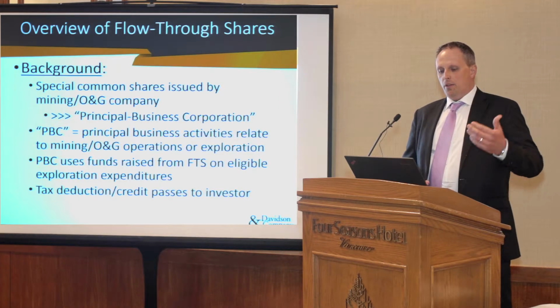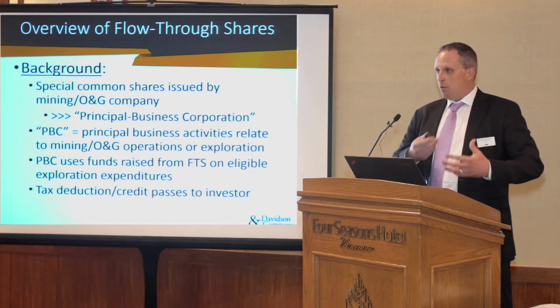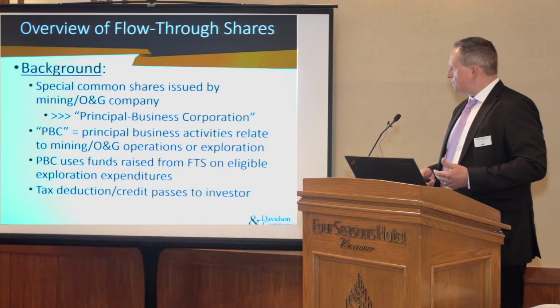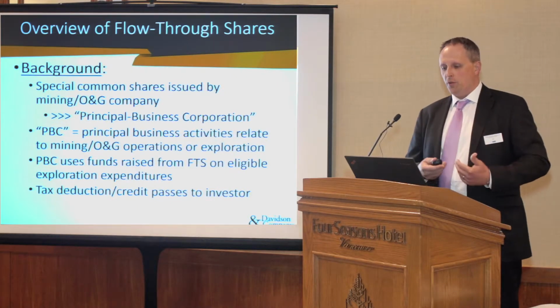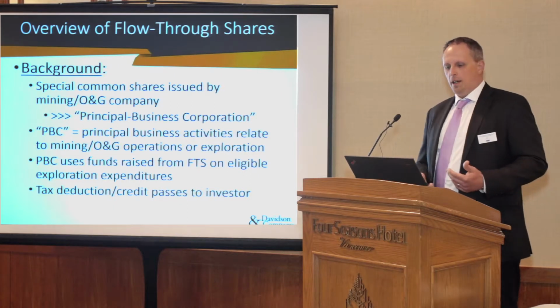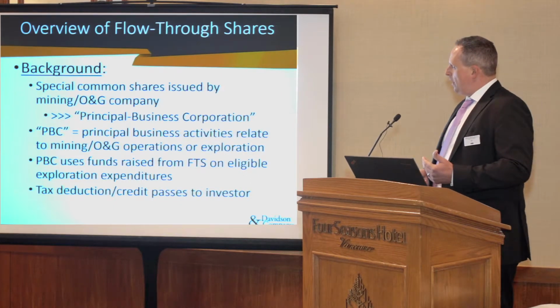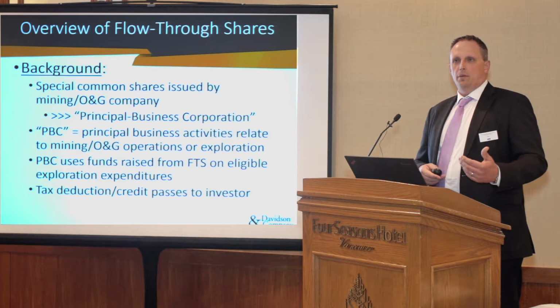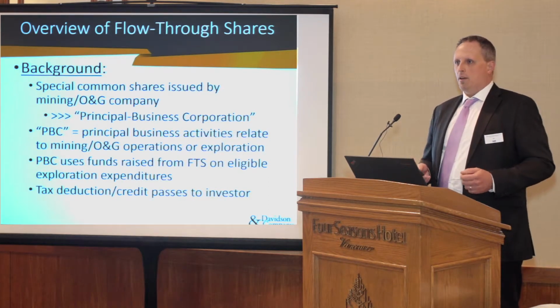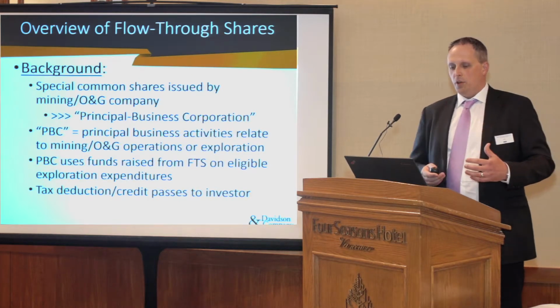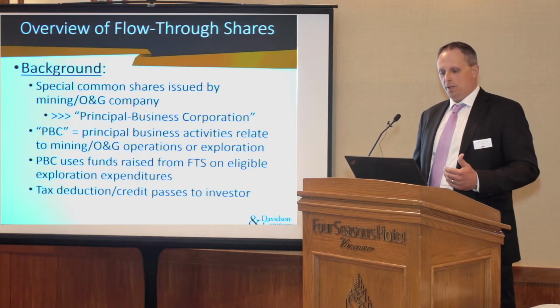And the other thing that would need to be recognized is that it needs to use all those funds for eligible exploration work. So if you're using those funds for admin type costs, you want to minimize that, or you'll need to raise some other dollars in order to cover that off. Otherwise, you might go offside.